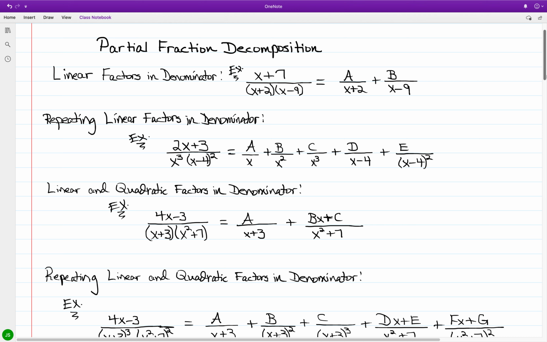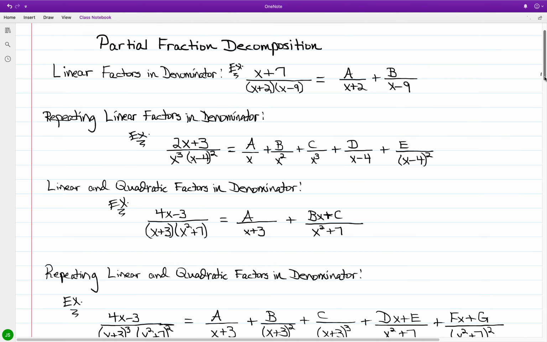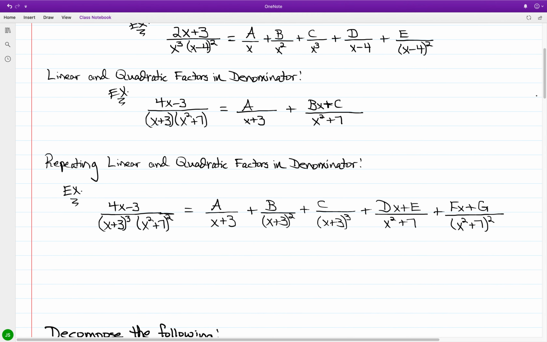And if you have both repeating linear and quadratic factors, say if you have 4x minus 3 over the cube of x plus 3 and the square of x squared plus 7, your factors are still going to be x plus 3 and x squared plus 7. So we have a over x plus 3 plus b over the square of x plus 3 plus c over the cube of x plus 3.